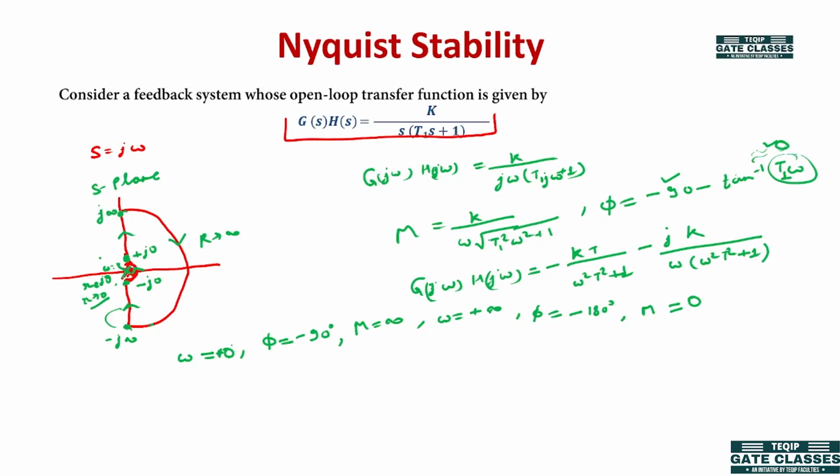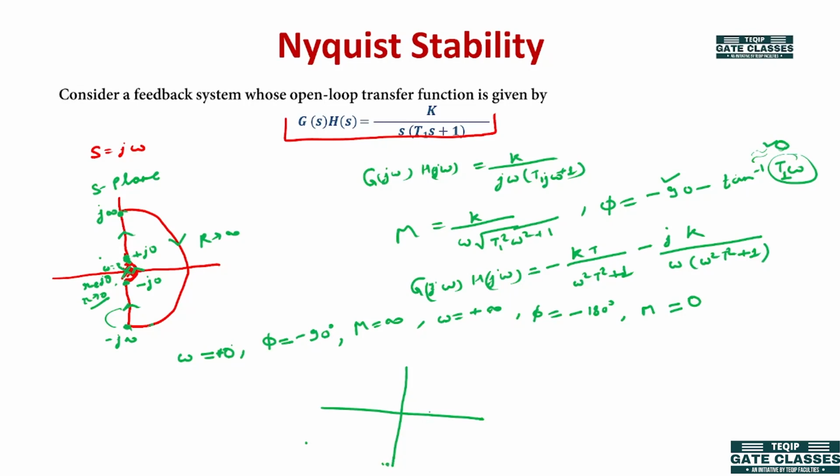So we draw the Nyquist plot. For ω equal to 0 to infinity, at ω equal to 0 we have angle minus 90, that means somewhere here, and M is infinity.